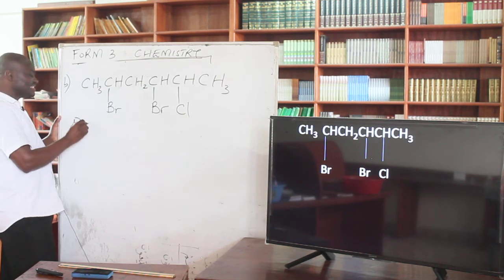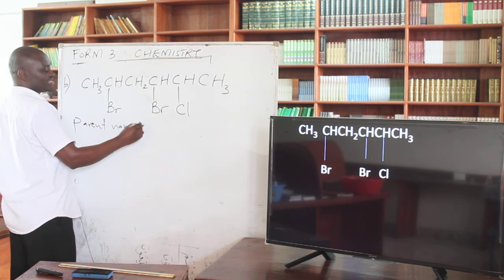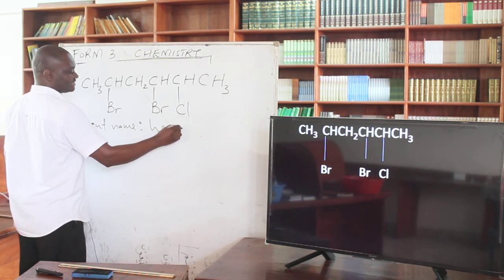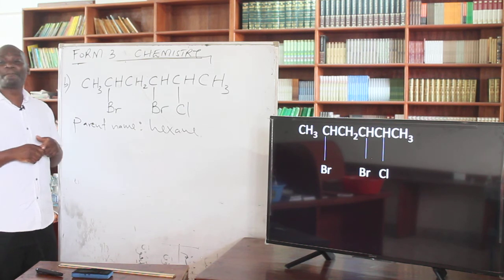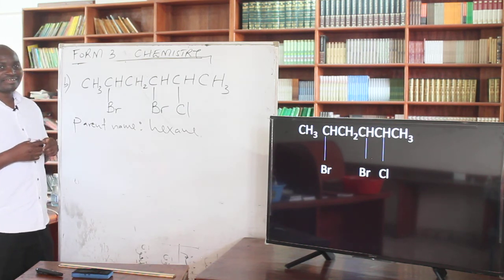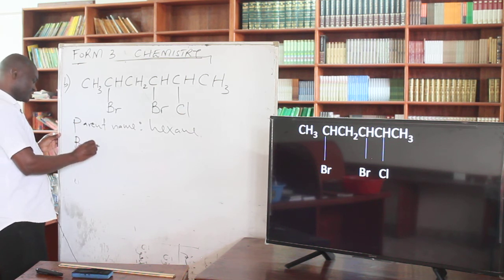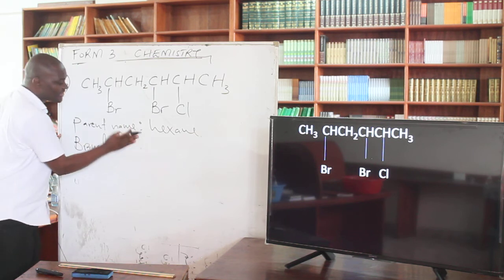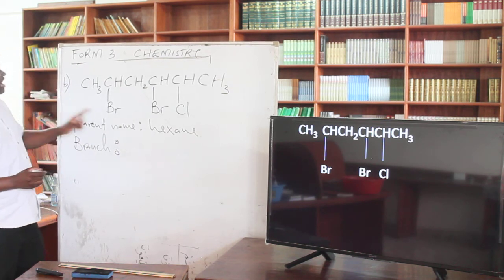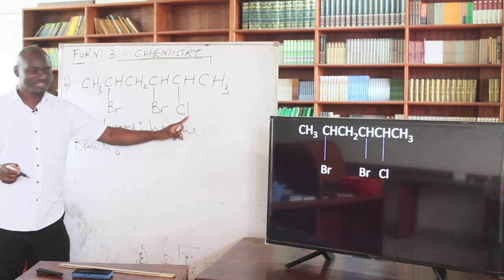So the parent or root name is hexane. That is the parent name. Now we have the branches. What do we have for the branches? We have bromo, another bromo, and chloro.